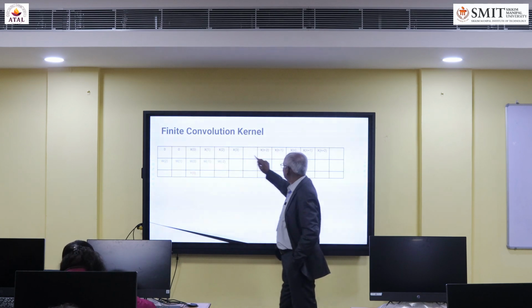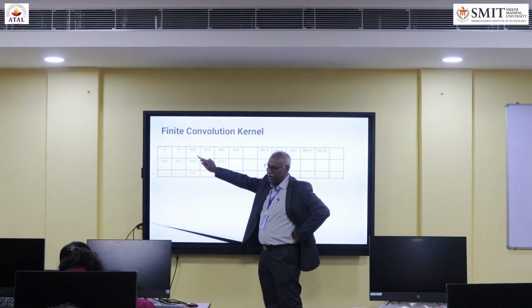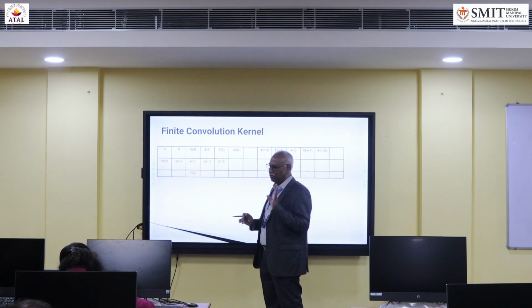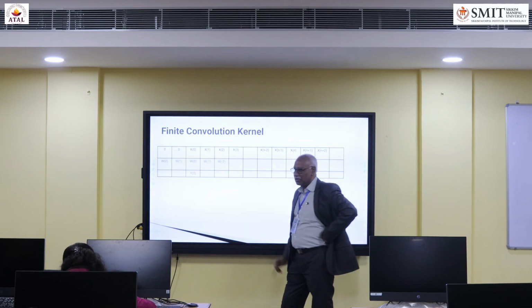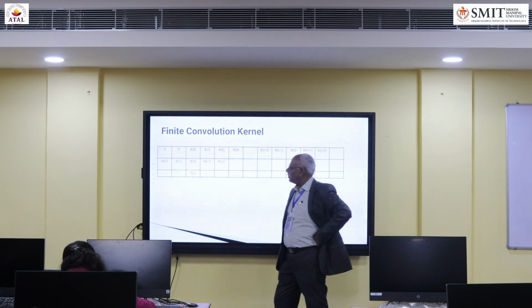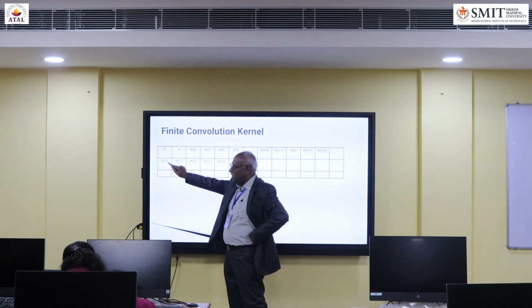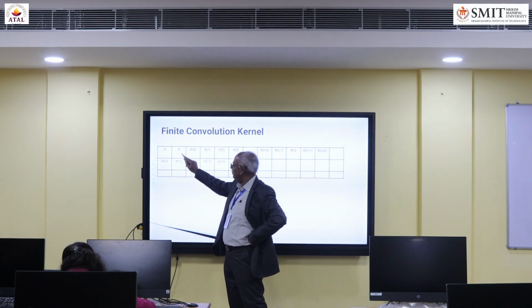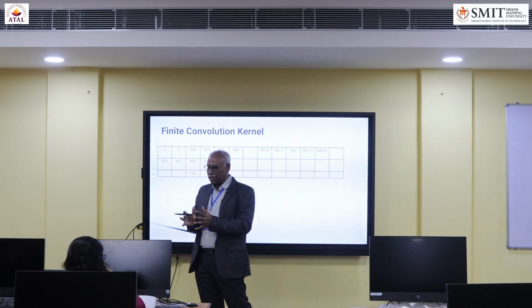Suppose my samples are these, in one dimension. At the 0th location, I have x0, whatever be the value. At that location the sample value is x0, then x1, x2, x3, and so on. These are the convolution kernels. The way you perform convolution is, after the flipping operation, you multiply this convolution coefficient with the signal value, this coefficient with the signal value, and so on. You do all this point-wise multiplication and add all of it together.